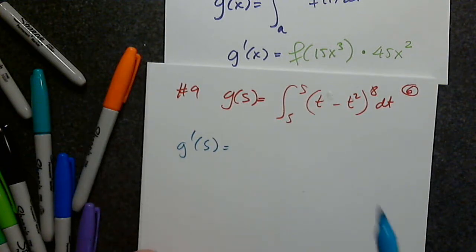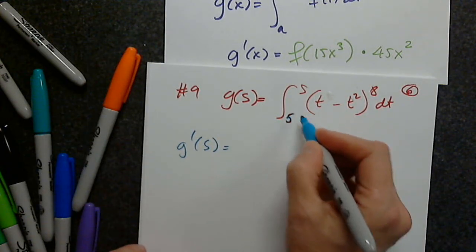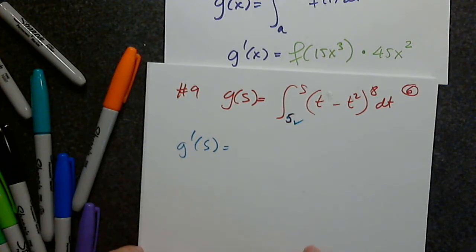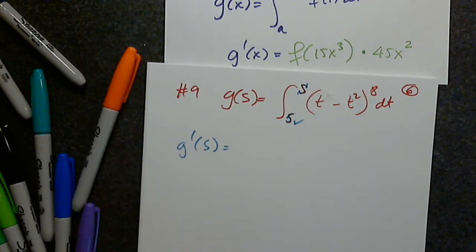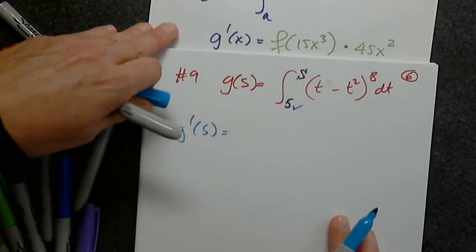All I have to check is that this is a number, and it is, and this can be anything. And in this case, it's s. So can you please tell me what to write?